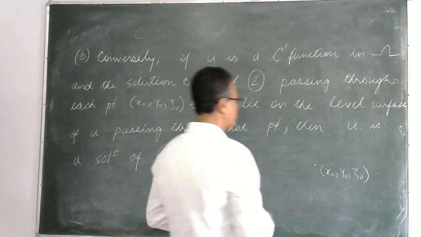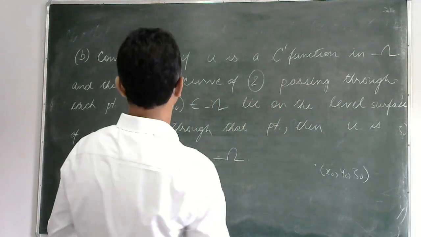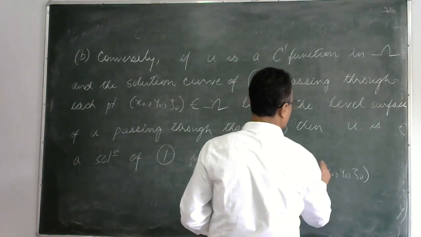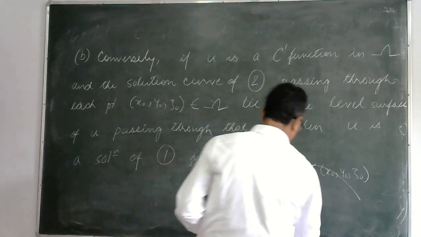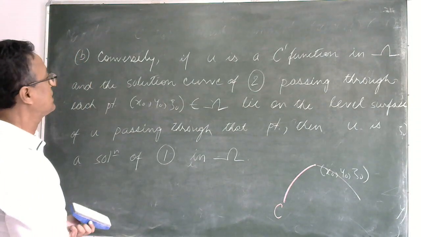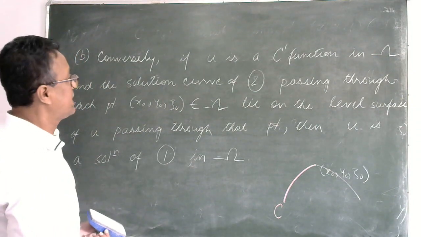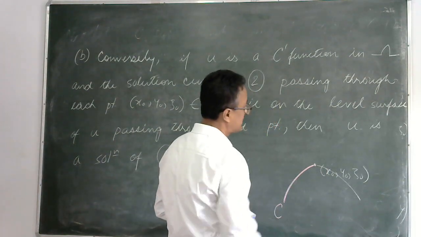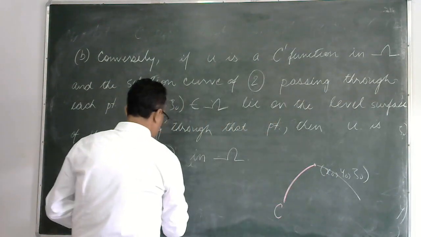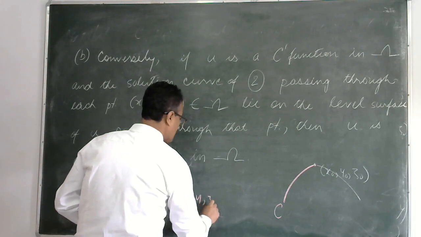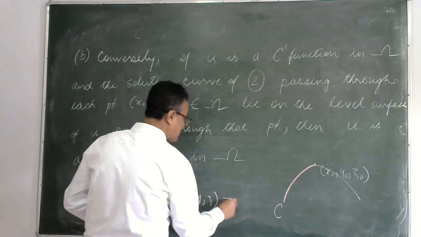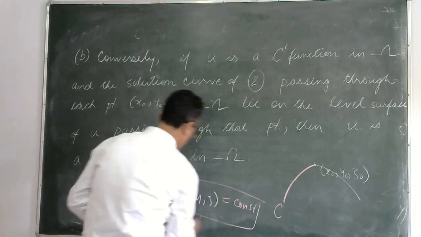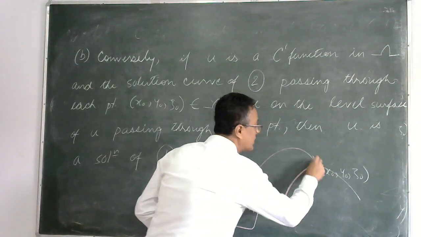And suppose I have a curve C. Then you may get a level surface defined by u equal to constant passing through this point.